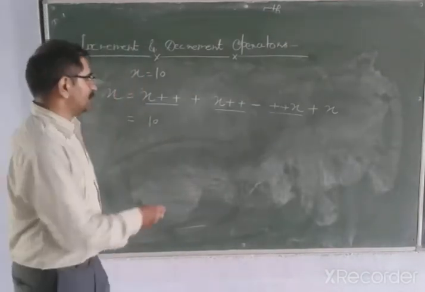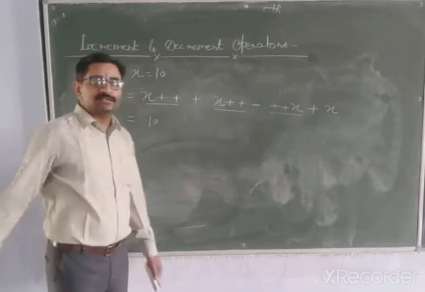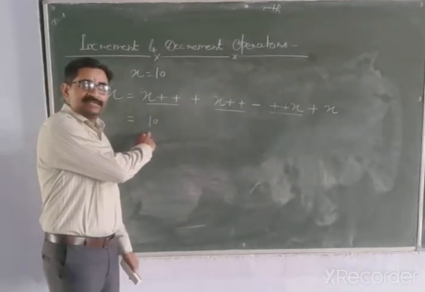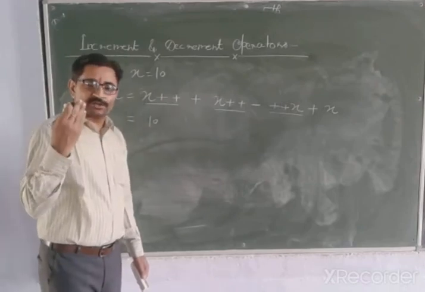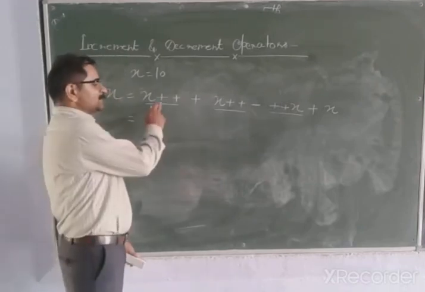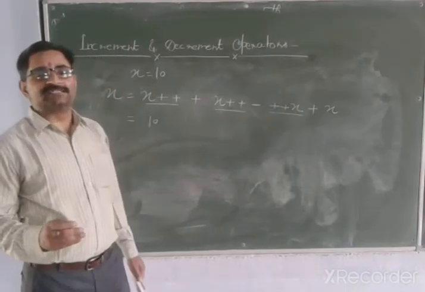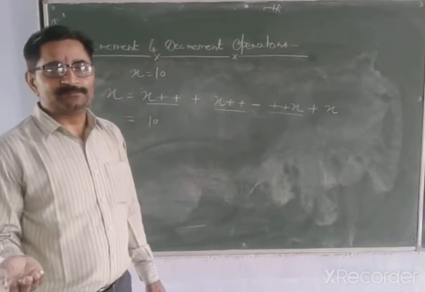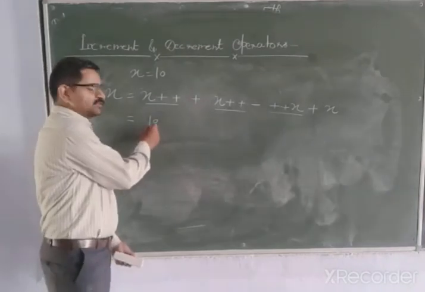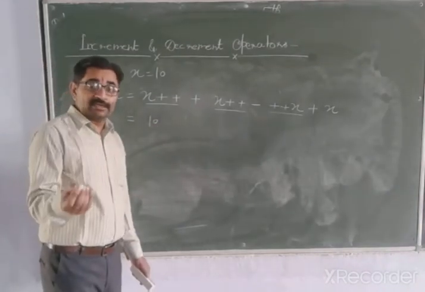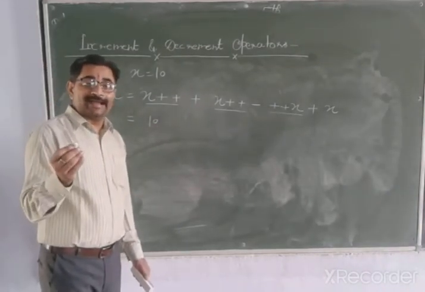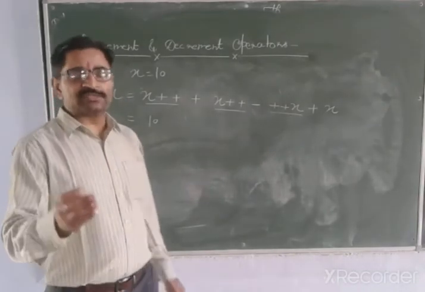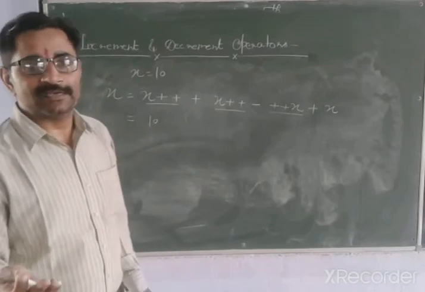Since the principle of post increment is use then change, 10 will be used, but then the value of x should be changed, so the value of x will increase by 1, so 10 becomes 11. So here we use 10, but in memory the value of x is 11. So further, when we use the value of x, we will use 11.